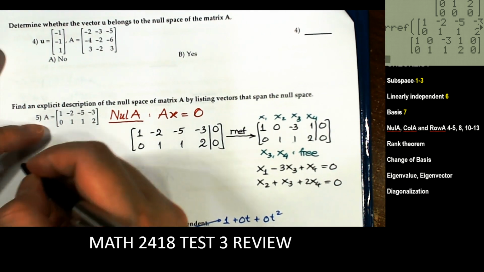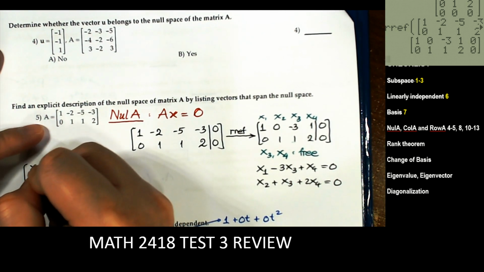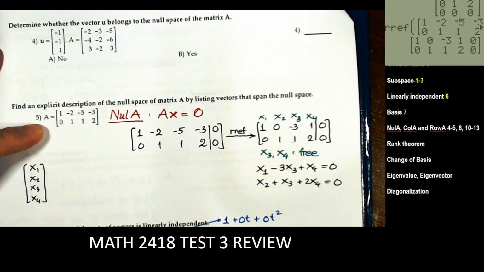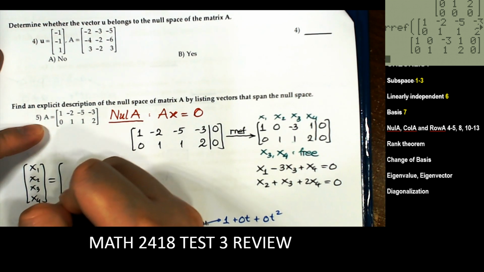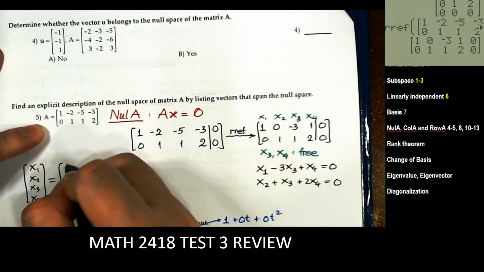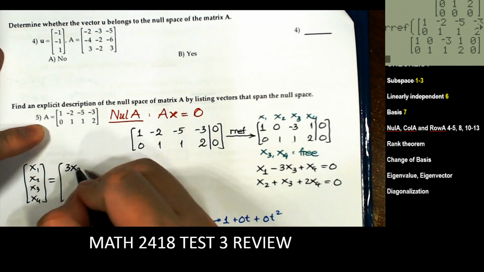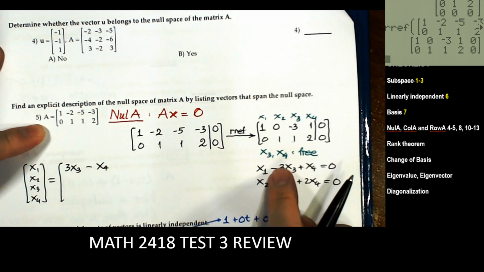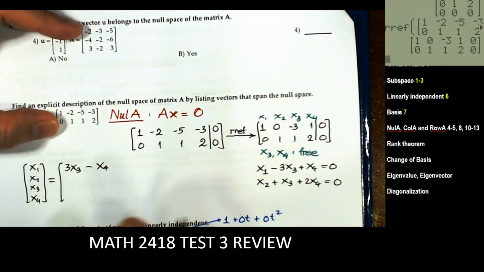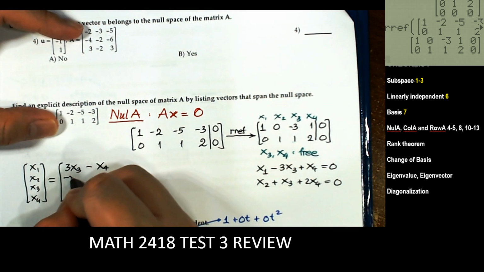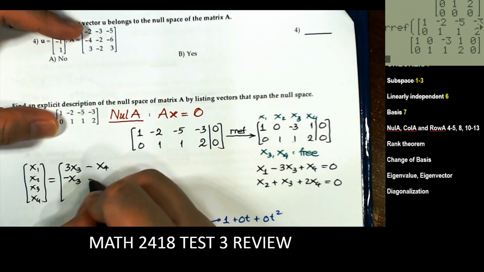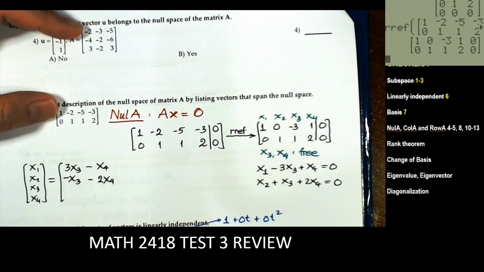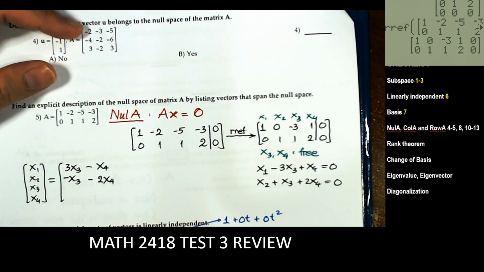If we put that in terms of the solution as a vector, x1 will be equal to 3x3 minus x4. We have to move them to the other side. x2 will be negative x3 minus 2x4, and x3 and x4 are free.